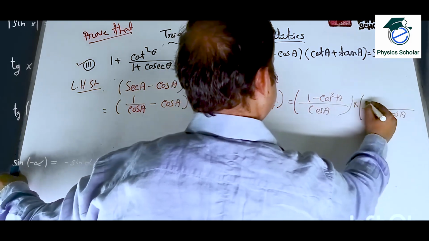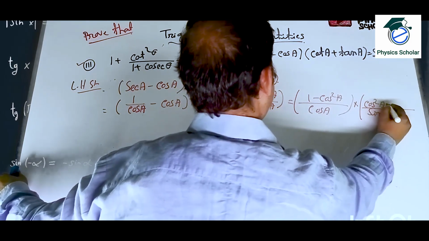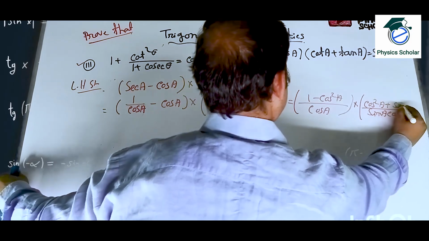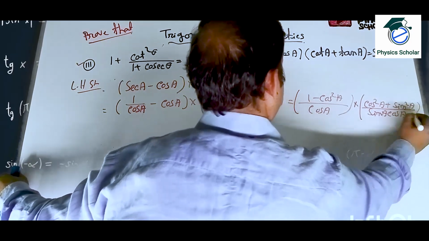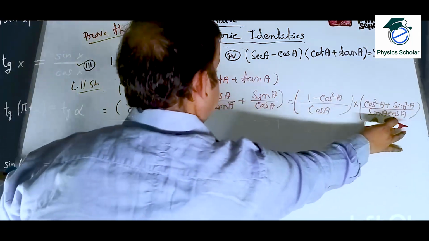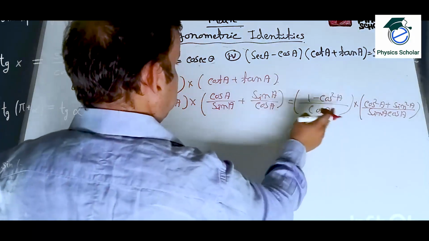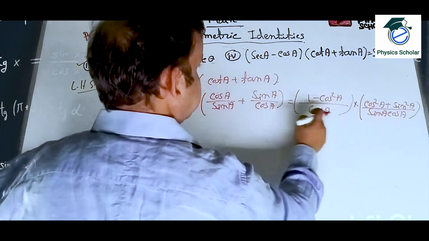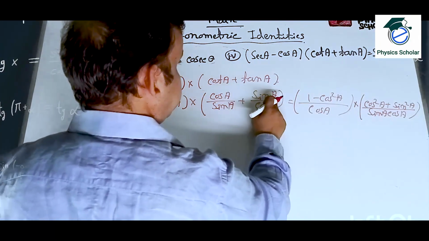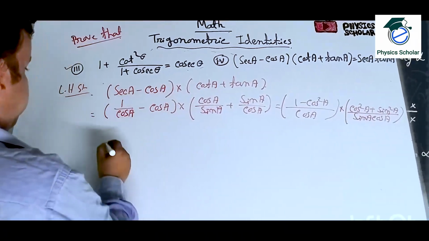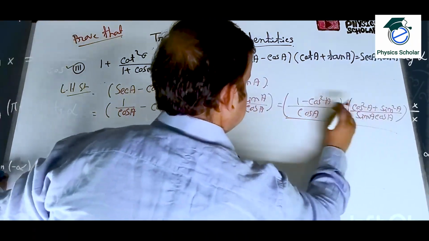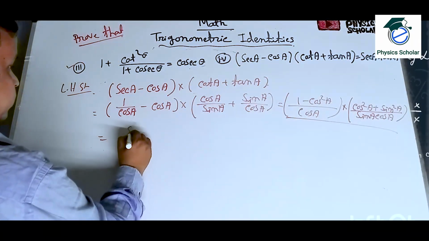So it will be what? Cos square A plus sin square A, okay. Sin A cos A will be the LCM, so cos A into cos A means cos square A, plus sin A into sin A means sin square A, okay. Now from this, 1 minus cos square A means what?